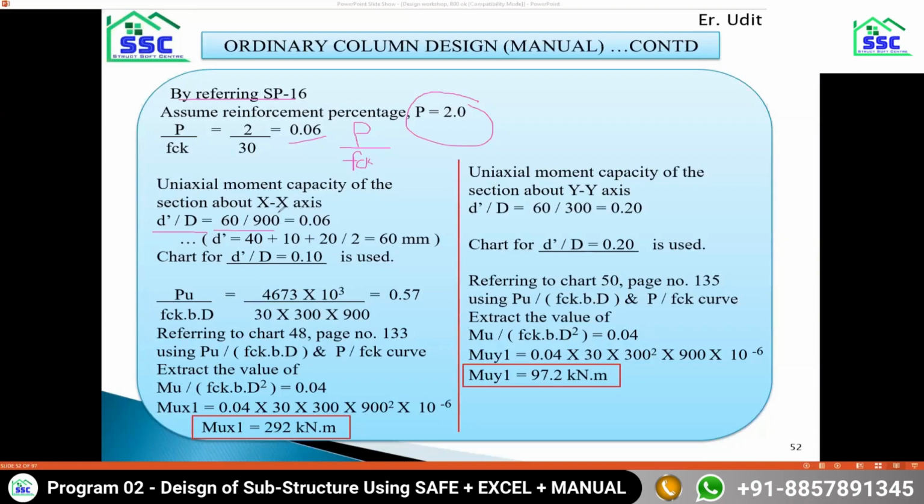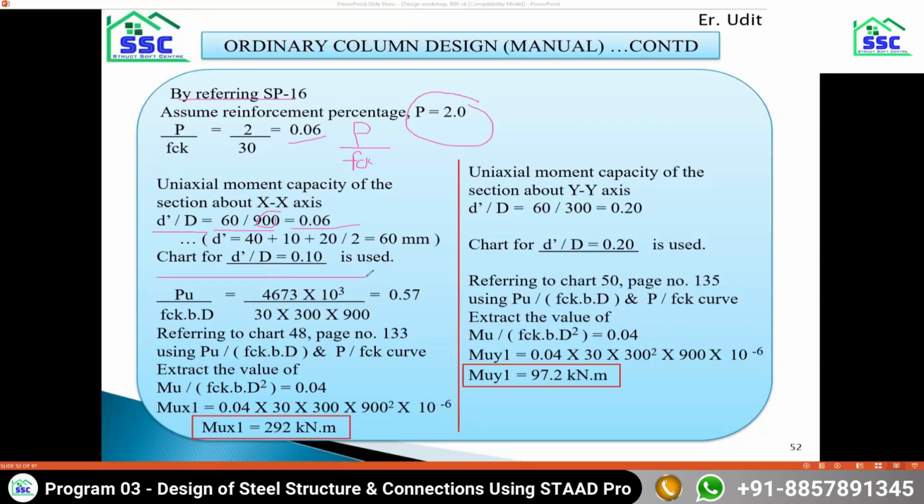Right now we are calculating it along the major axis, so we have taken 900. That will be 0.06. So in SP16 there are different charts given for this value of D dash divided by capital D. So right now my value is coming out to be 0.06.